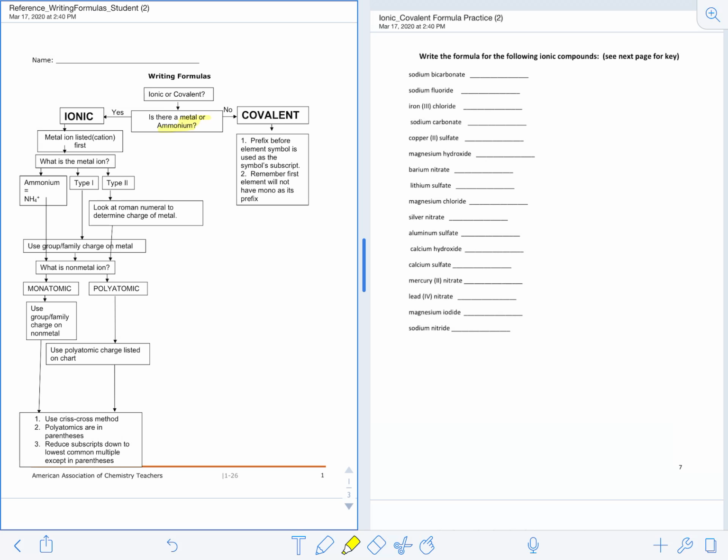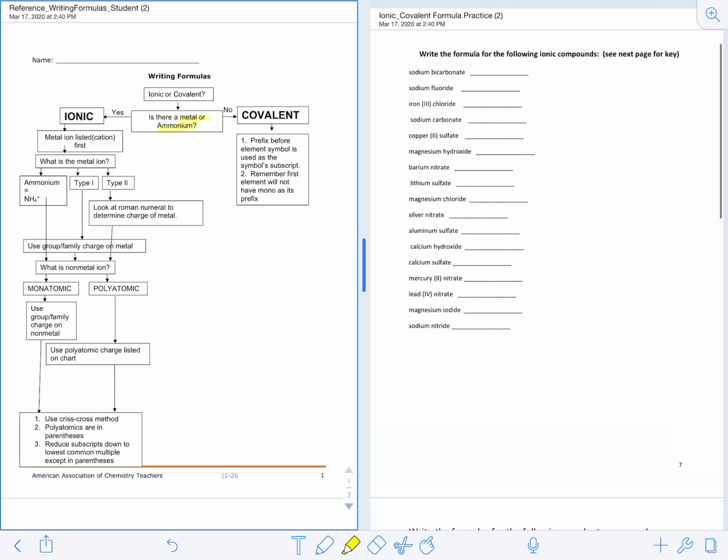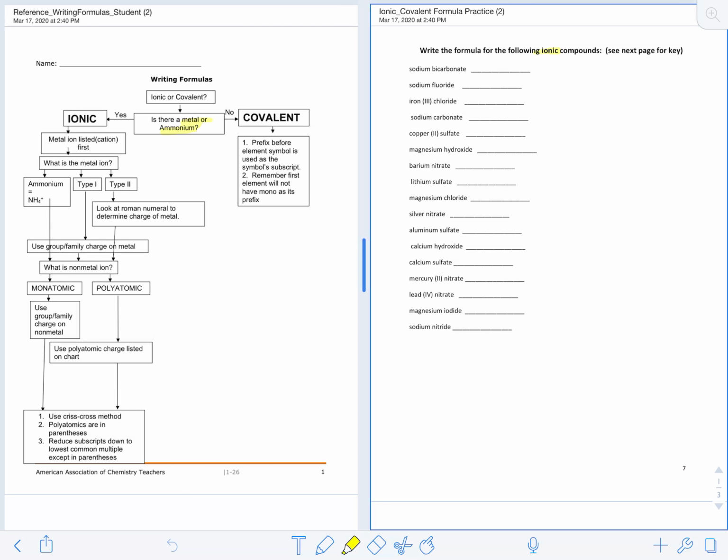However, there's sodium, iron, copper, barium, aluminum. Those are all metals. Notice that the first element name is a metal, and that tells us that it is ionic. So that's why in this worksheet here, we're essentially working on an ionic compound.